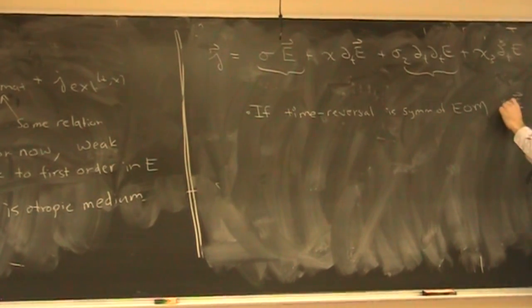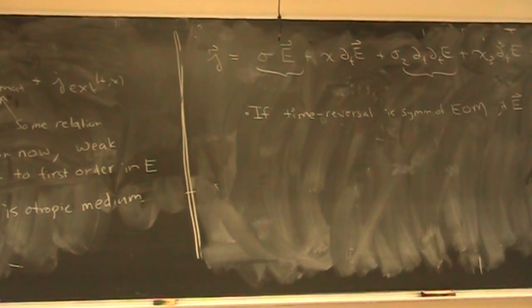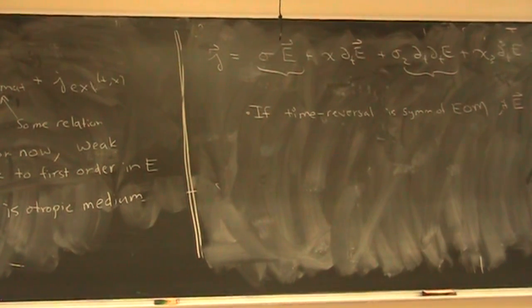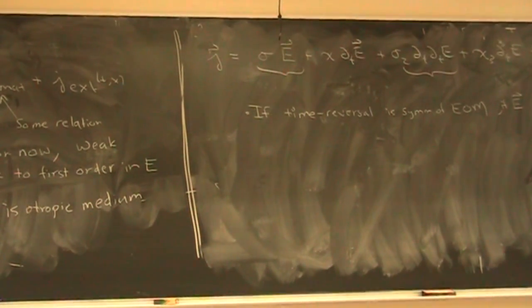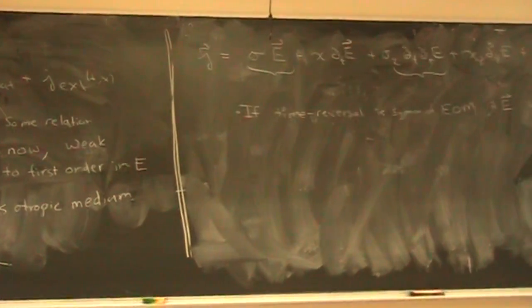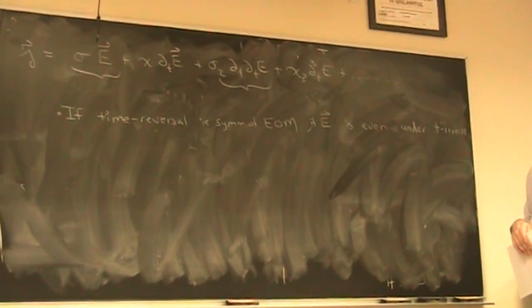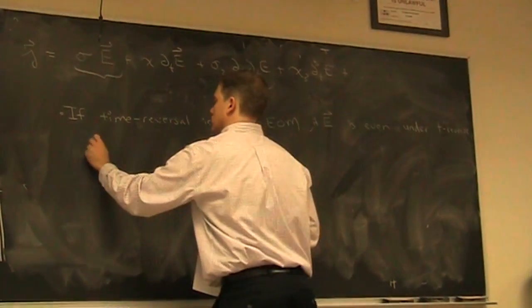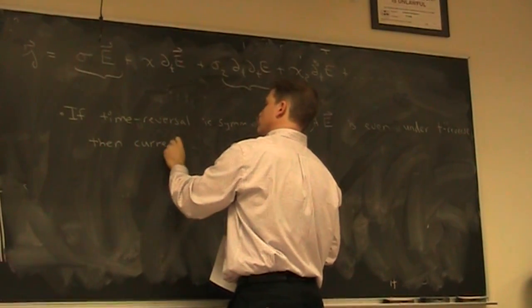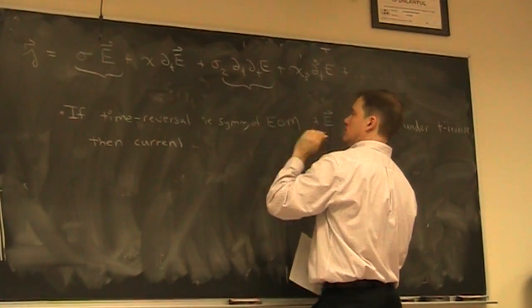If E is even under time reversal, then the current needs to be odd under time reversal.